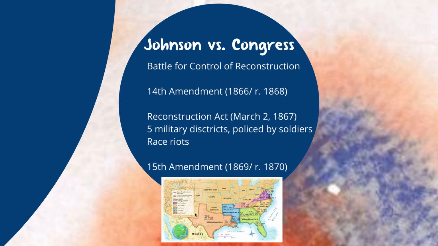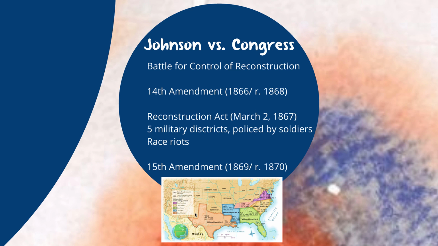If we couldn't get an extension for the Freedmen's Bureau, then guess what? We are going to put together a bill to guarantee these rights for former slaves. What do you think Johnson does? He vetoes that bill too. Well, they're going to override that veto as well.